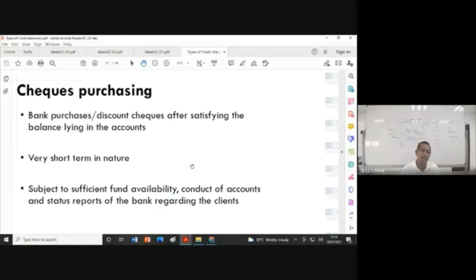So it is subject to sufficient funds availability, conduct of the account, and status report of the bank regarding the client of the issuer. So normally when we confirm the fate, we don't return, but there were instances where we have returned the checks as well, right? That is bad banking, right? Normally when we confirm the fate to another bank, we honor that check. So that is check purchasing.